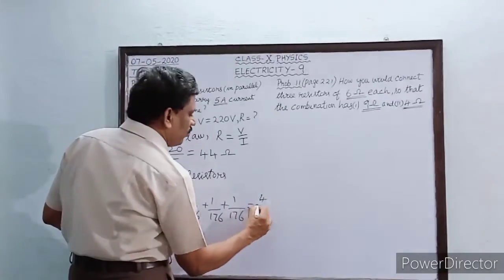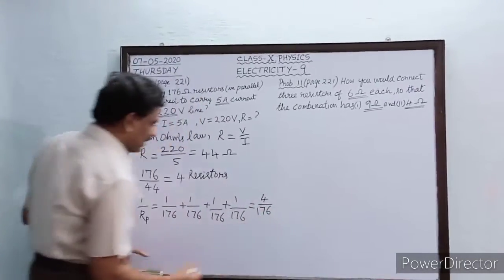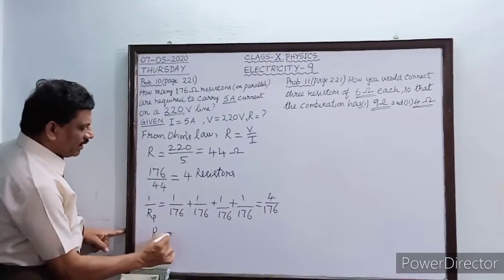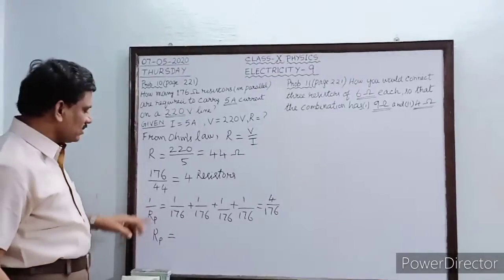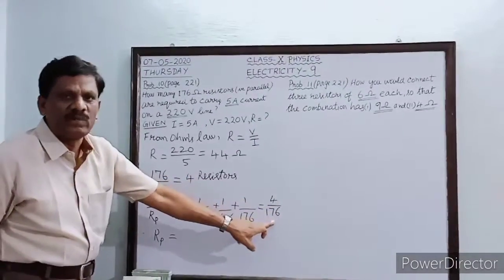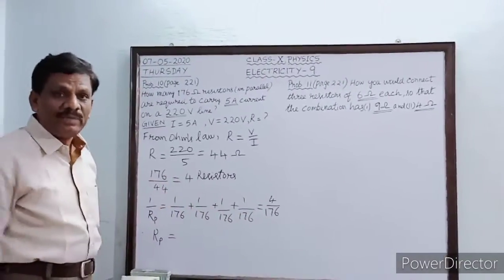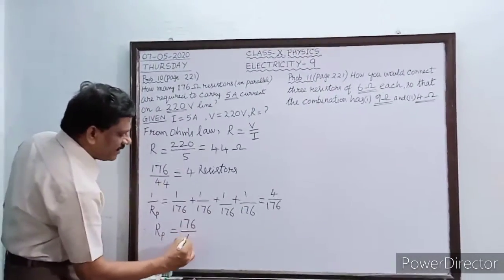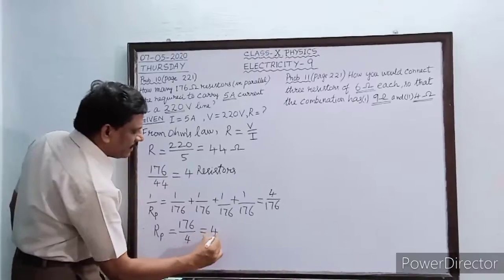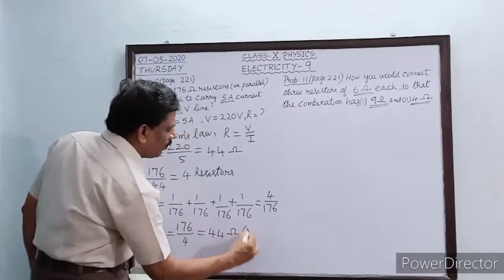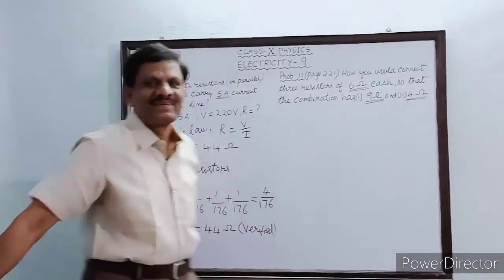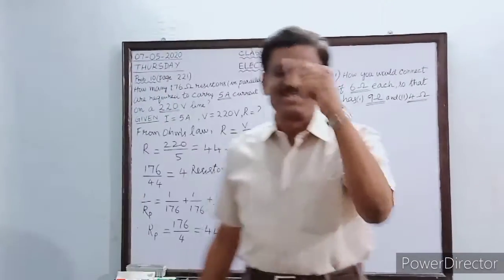Therefore, taking reciprocal on both sides, 1 by RP is equal to 4 by 176 means RP is equal to 176 by 4. So this is equal to 44 ohm. So this is verified. Have you understood? That's good.